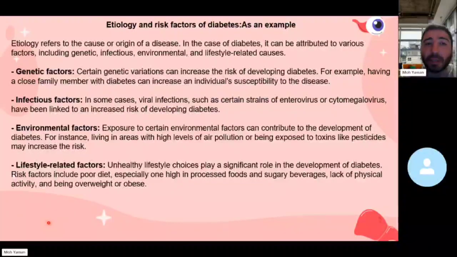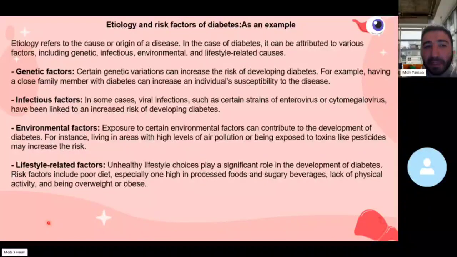Environmental factors: exposure to pollution and toxins can also increase the risk of diabetes.